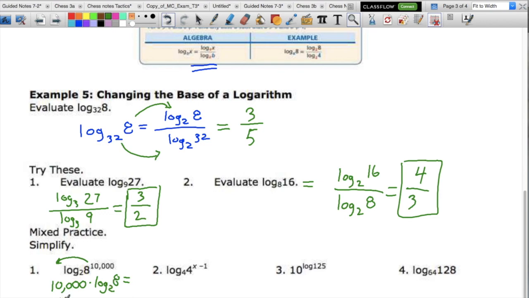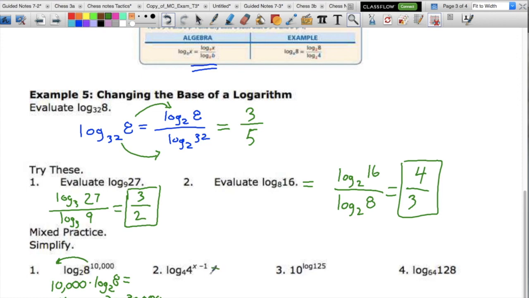So we do 10,000 times 3, which is 30,000. I'm allowed to because of the property that I learned a few minutes ago, that I can bring this 10,000 out to the front as multiplication. And we know 2 to what power is 8 is 3.